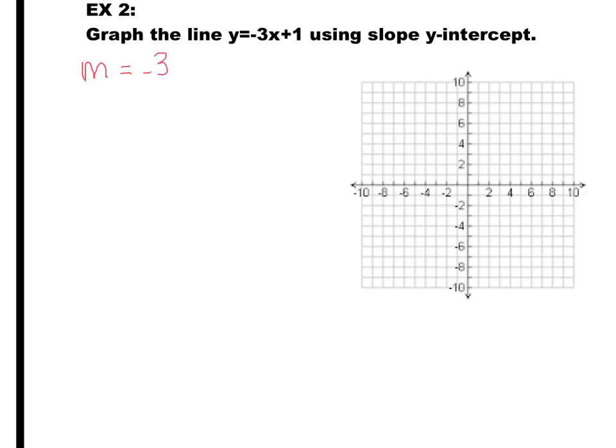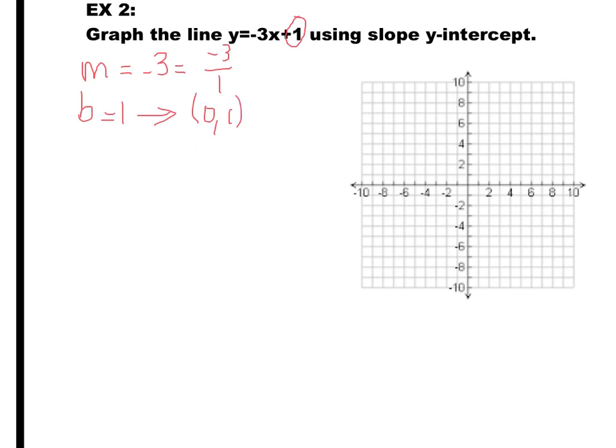But since we want the slope in fraction form, I'm going to write this one as negative 3 over 1. Then the y-intercept. The y-intercept is the number by itself, which has no variable attached to it. So we can say that b is 1. This means that the ordered pair for y-intercept is 0 and 1.